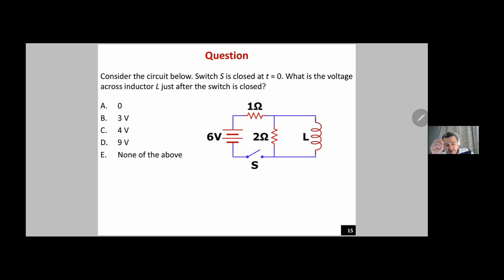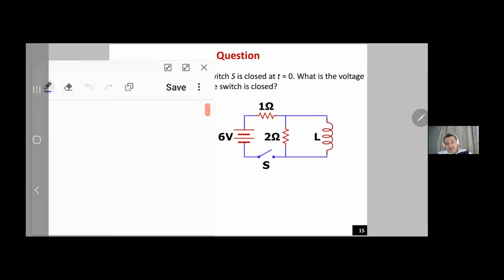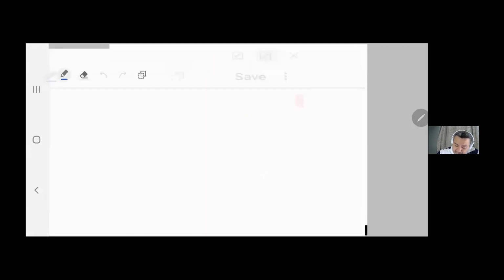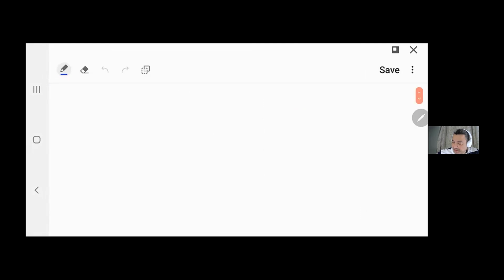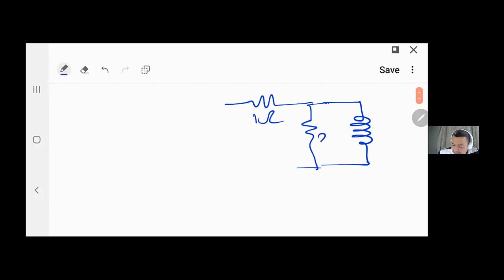You got that right. So we're talking here about 0 plus. If I am to redraw the circuit, I have an inductor here, then I have a 2 ohm resistor with 1 ohm, and a voltage source.